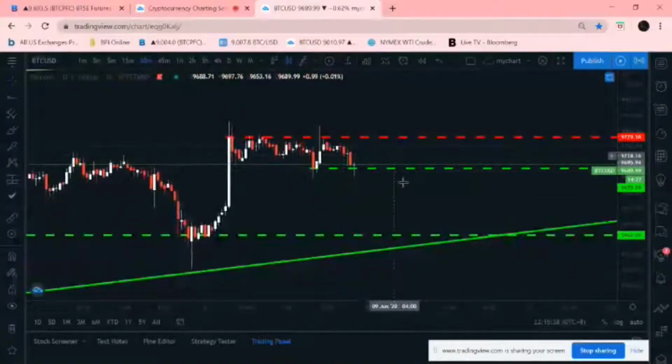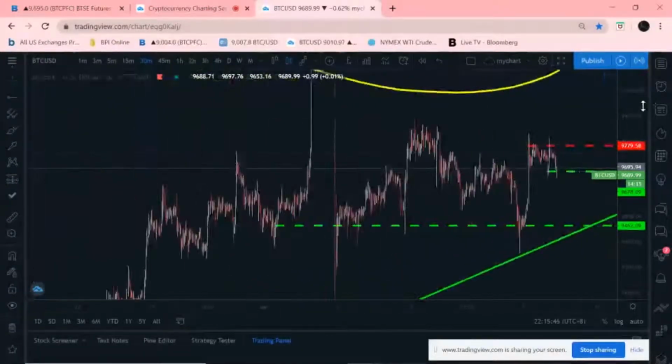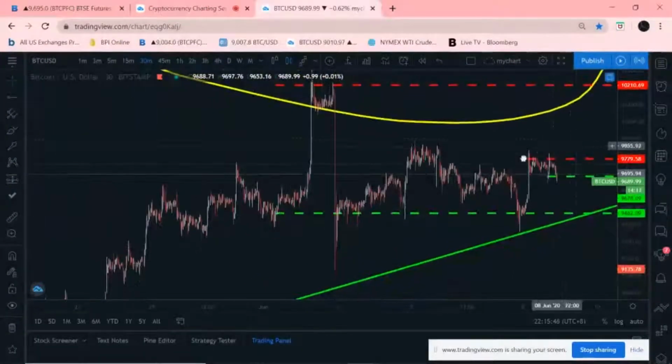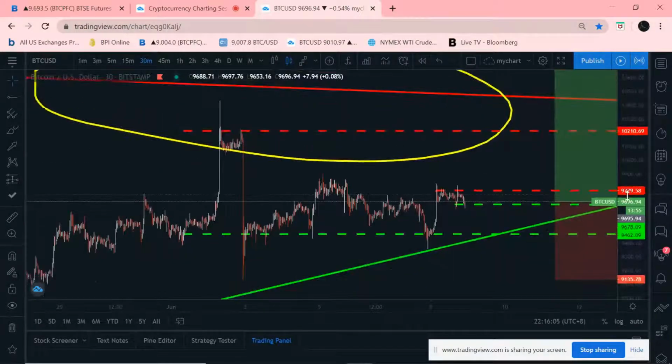And of course if it breaks this level, back to around $9,500, so that's actually the support we're looking at currently. And breaking the 9,800 level, the next target is around 10,200 level. So there you go, guys, for BTC.